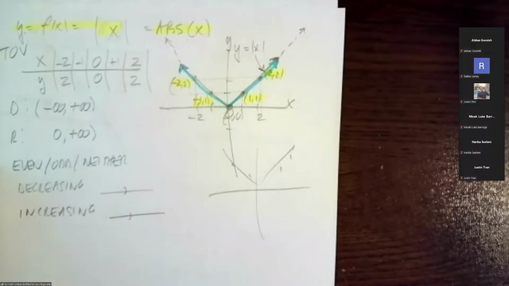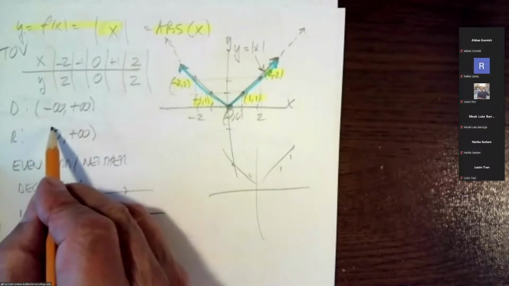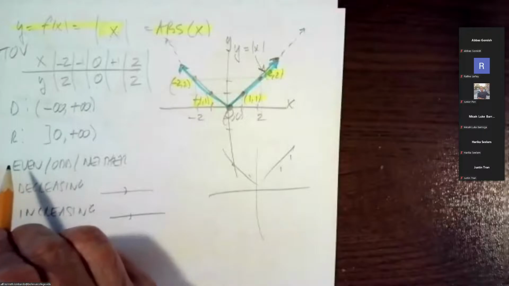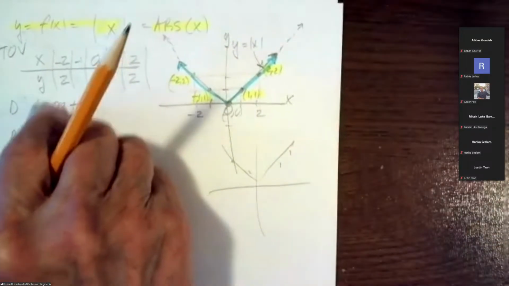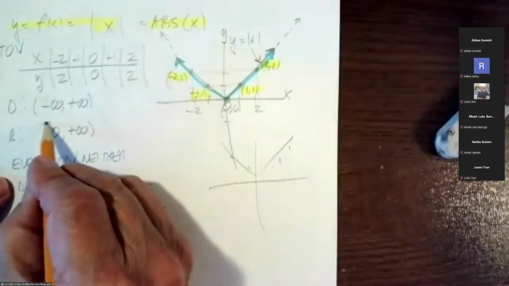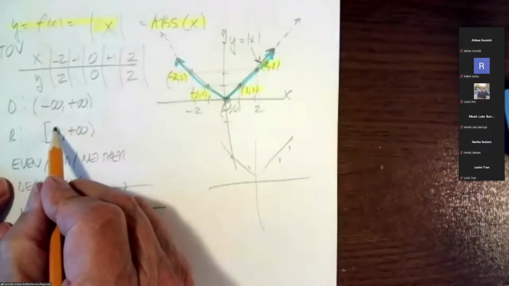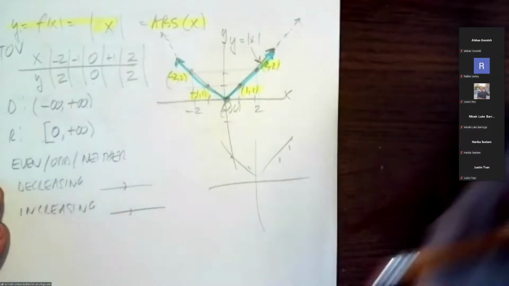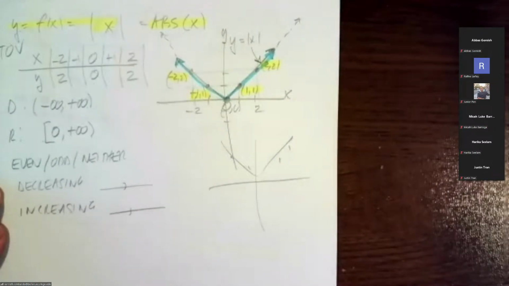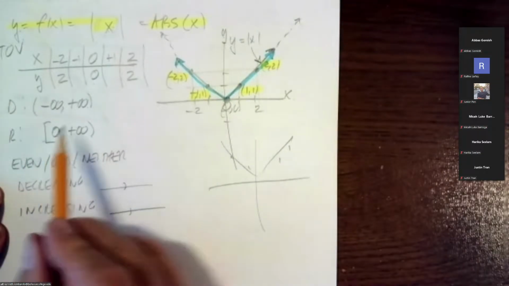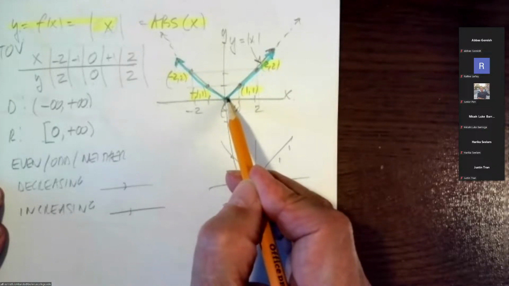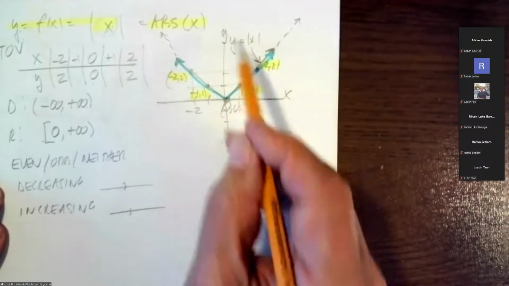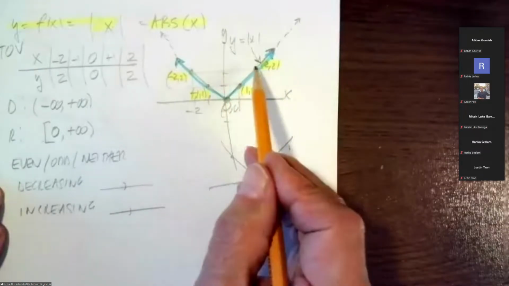Wouldn't it be a bracket? The other way. Okay, so you want it going like this. And that means what when you put that bracket there? That it includes 0. That it includes that point. That's right. So the range goes from 0 on up, and we're showing the domain.